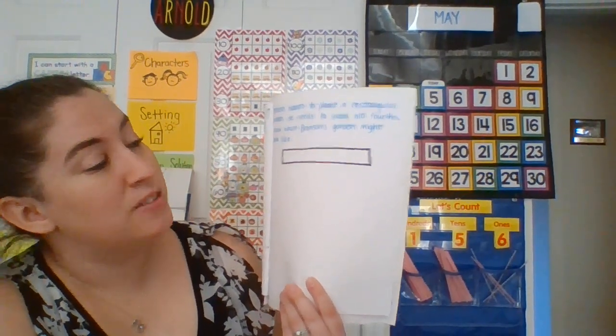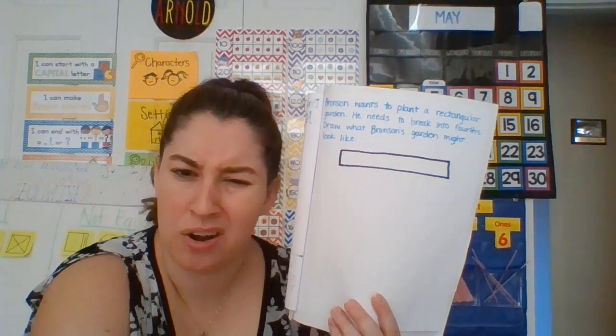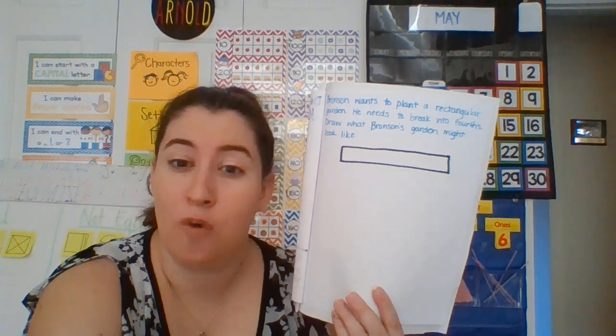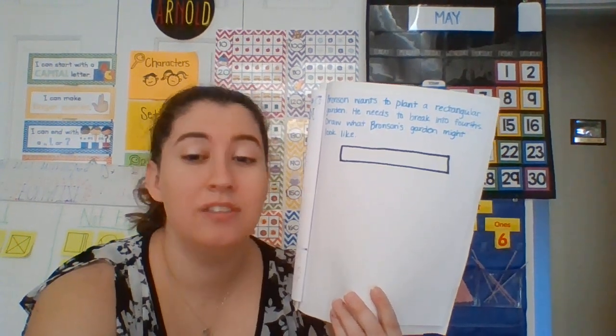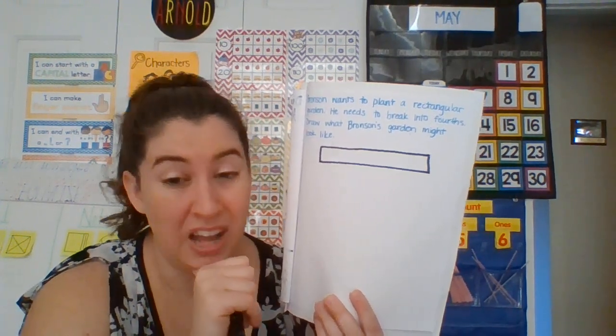So he needs to break it into fourths. So that means I need how many parts? I need 4 parts. Fourths, do you hear 4 in that word? So I need 4 parts. Now the tricky thing is, when you need 4 parts, you don't draw 4 lines because that'll end up with 5 parts. So we're actually only going to add 3 lines because that'll have 4 sections. So I'm going to chop it right down the middle.